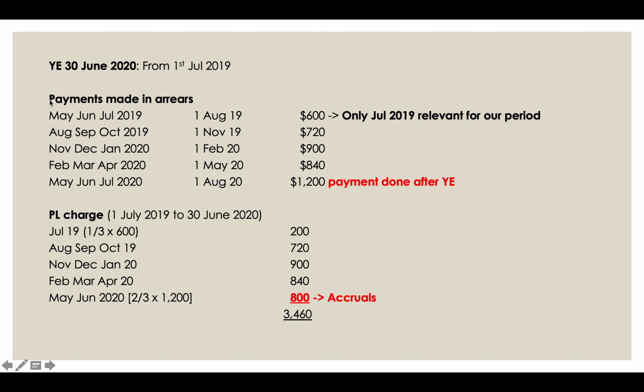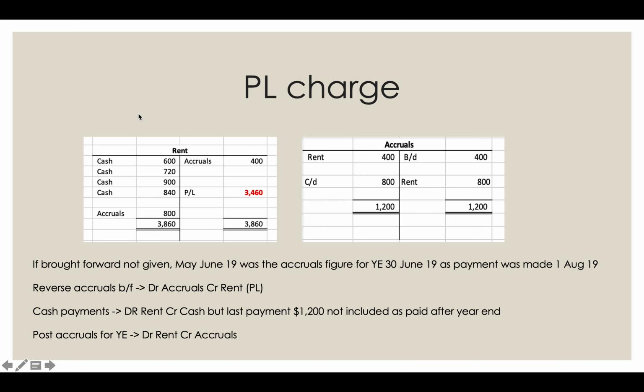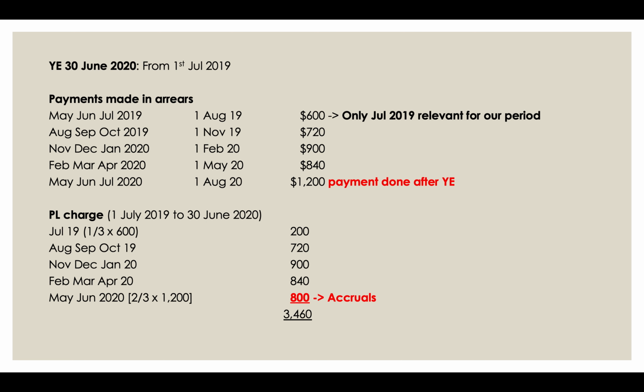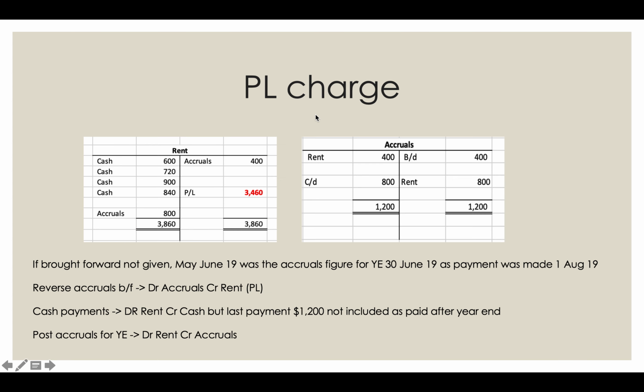This is this batch. Therefore, the accruals would be for 2 months, 2/3 times 600. That explains the 400 figure here.